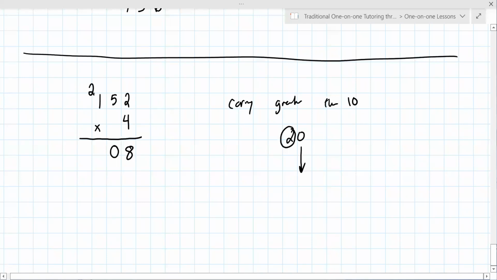So it's the tens place. So what is the carry? 2. So now you go 4 times 1 is 4, plus the 2, 6. And that's what comes down here.